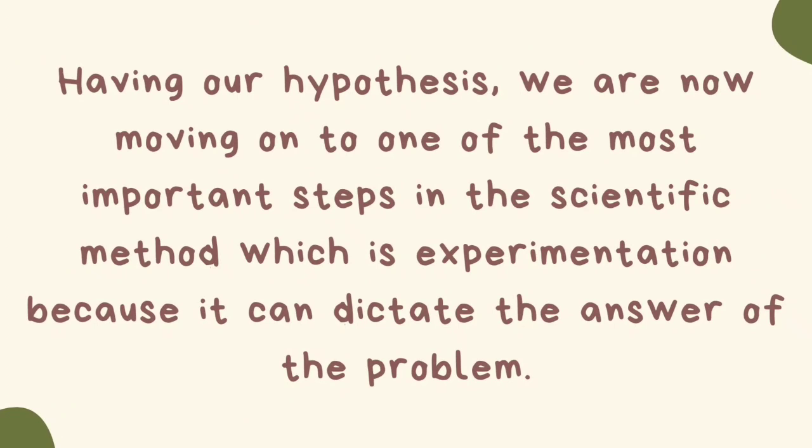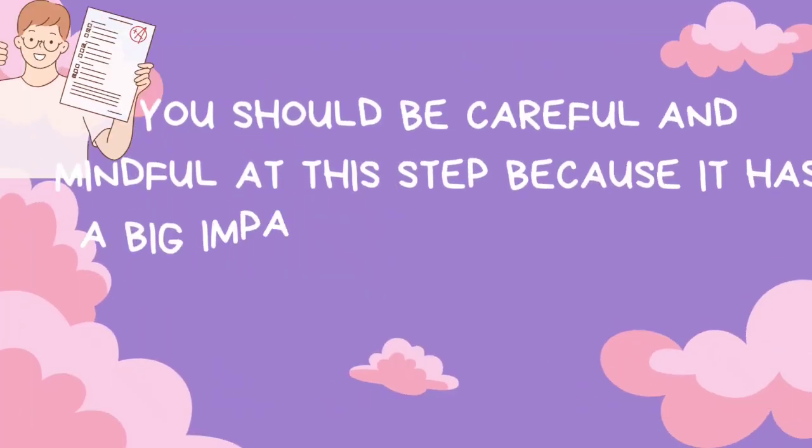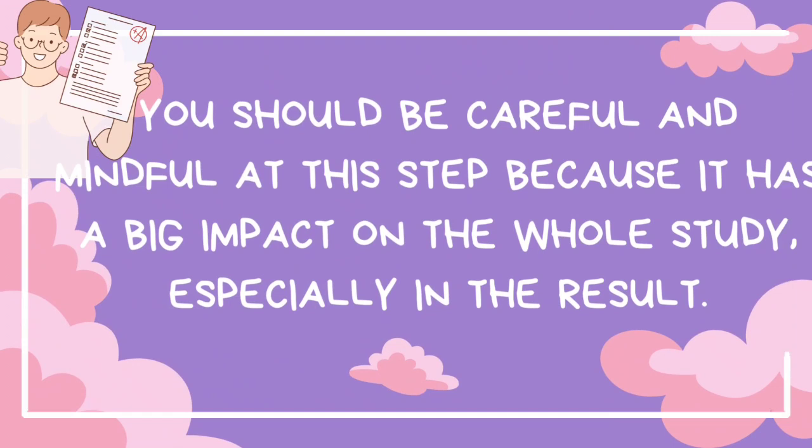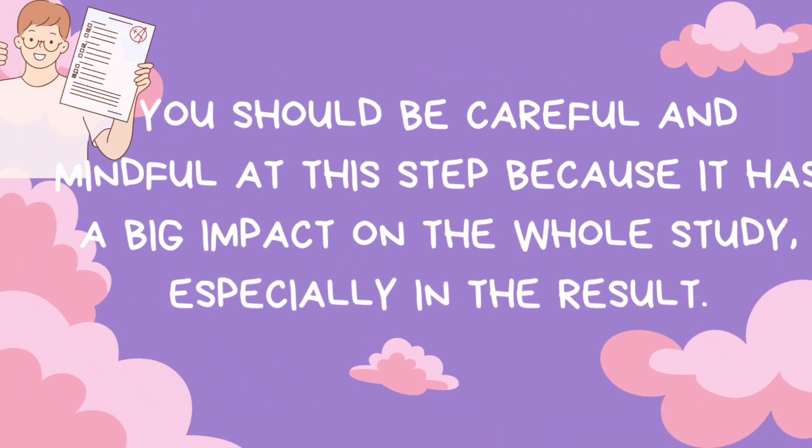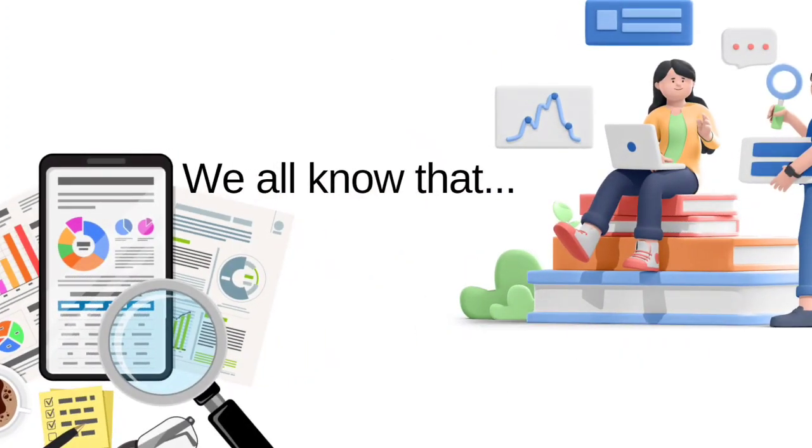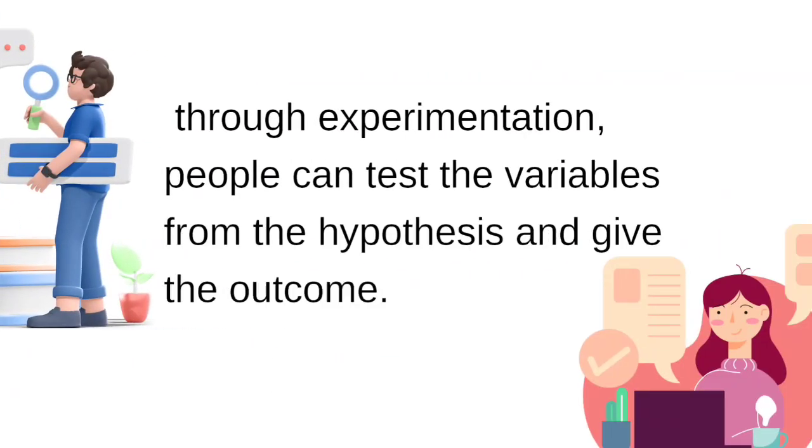Having our hypothesis, we are now moving on to one of the most important steps in the scientific method, the experimentation, because it can dictate the answer of the problem. You should be careful and mindful at this step because it has a big impact on the whole study, especially in the result. We all know that through experimentation, people can test the variables from the hypothesis and give the outcome.